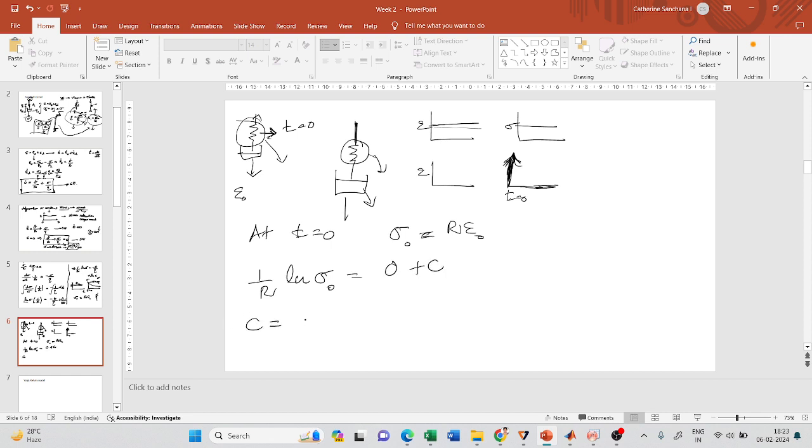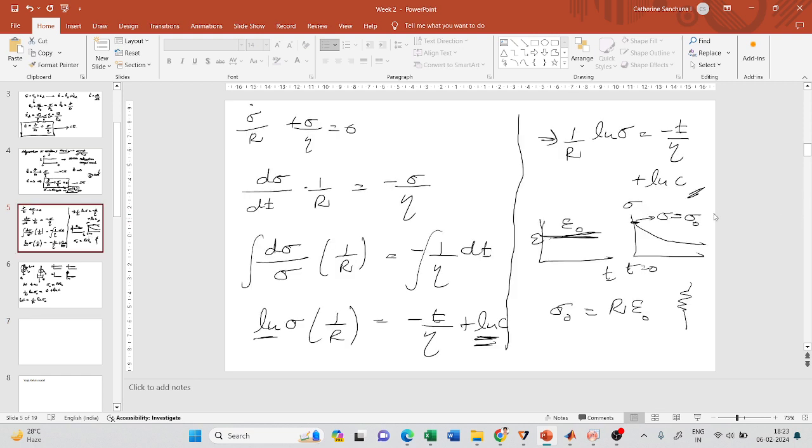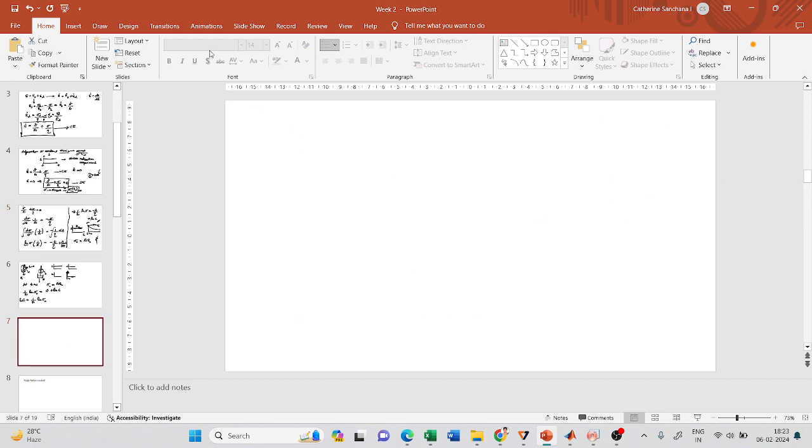So c is going to be 1 by r into ln of sigma naught. Sorry, ln of c. Ln of c is equals to 1 by r into ln of sigma naught. Now let me substitute for this ln of c here. So 1 by r into ln of sigma is equals to minus t by eta plus 1 by r into ln of sigma naught.